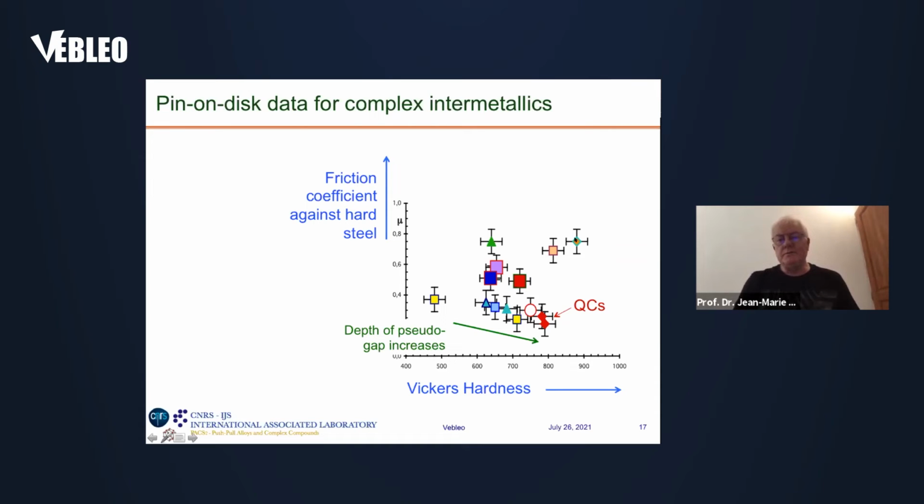But if I introduce chromium or other 3D metals, I will increase the contribution of these states at the Fermi energy, and the friction increases in proportion to the population of these states at the Fermi energy, which fits with the previous slide concerning electronic conductivity.